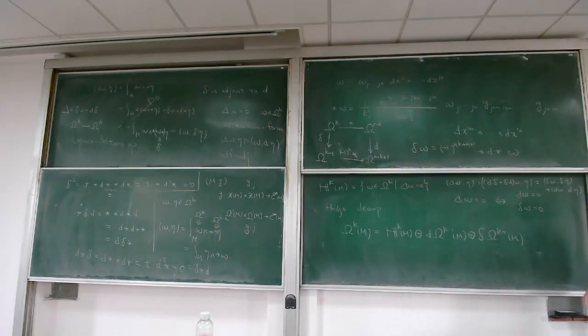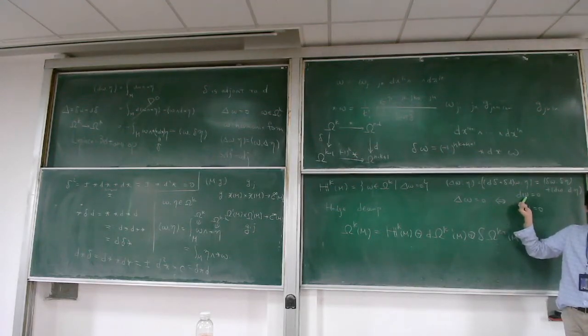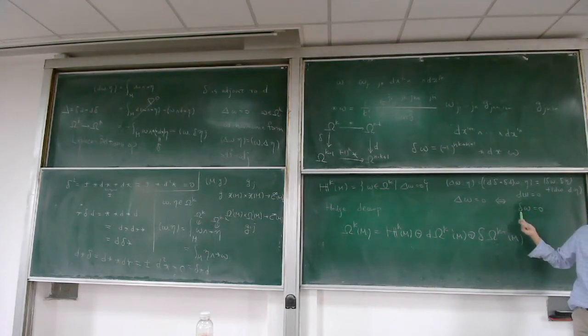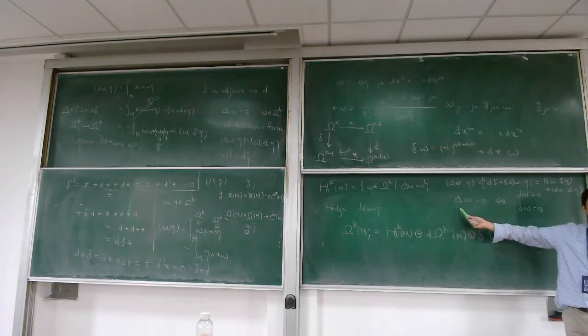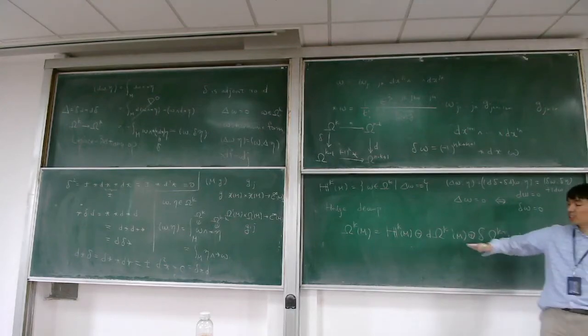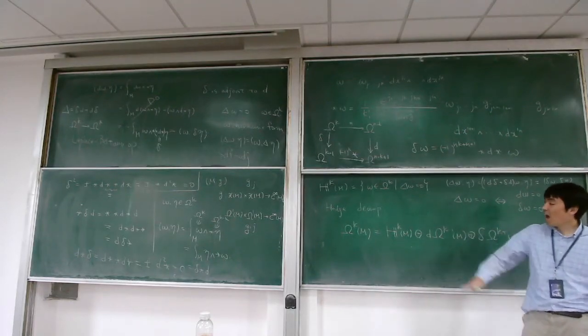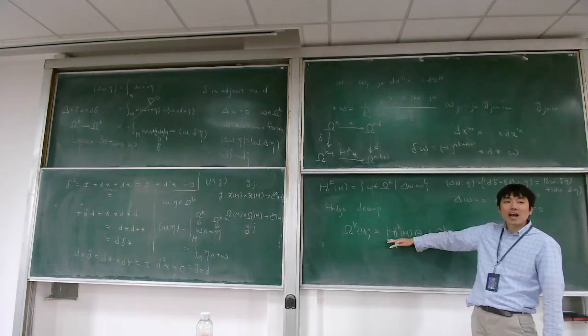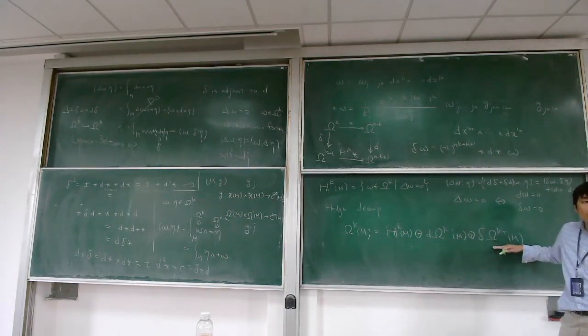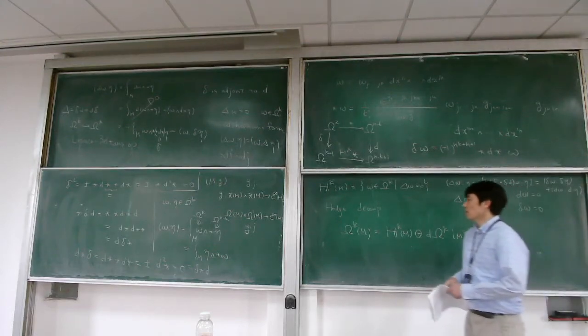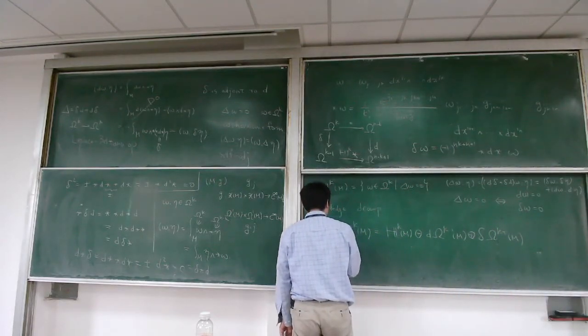So therefore here, if you have closed and co-closed forms with respect to d and delta, it's the same as harmonic forms. But however, this Hodge decomposition mentioned harmonic forms actually exclude exact forms. So therefore, Hodge theorem, this is a theorem by Hodge.